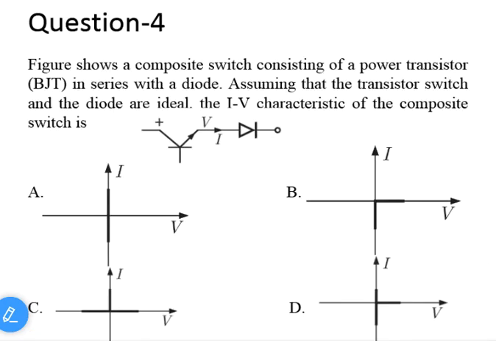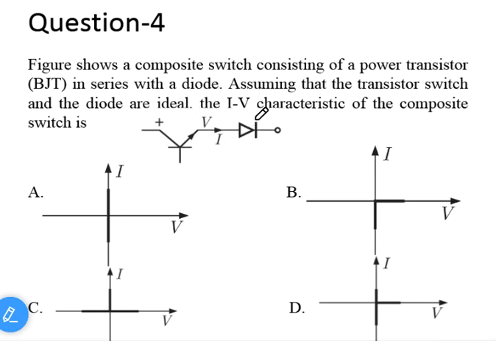Therefore, let us go with one more example. The figure shows a composite switch consisting of a power transistor BJT in series with a diode. Assuming that the transistor switch and the diode are ideal, what are the IV characteristics of the composite switch? Here I have a BJT and a diode.